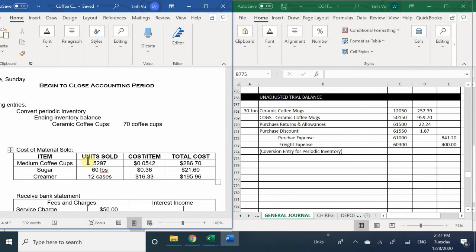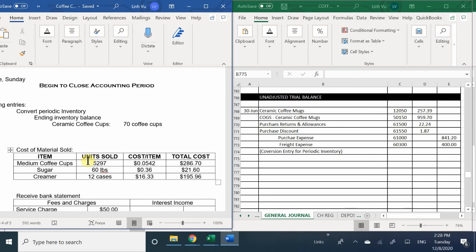So again, I've already done the calculation for you. Each cost per item is pretty straightforward. I just divided it by how many you had. So here you go. I've also even calculated it for you. The total cost of selling, or I guess using all the cups, was a total of $286.70.